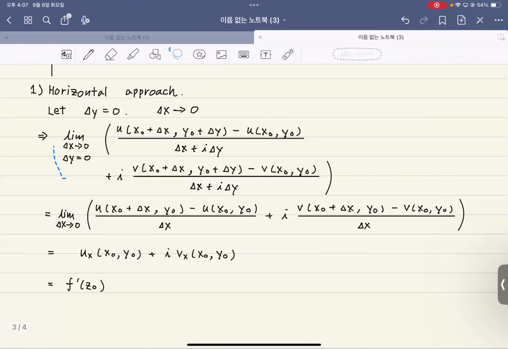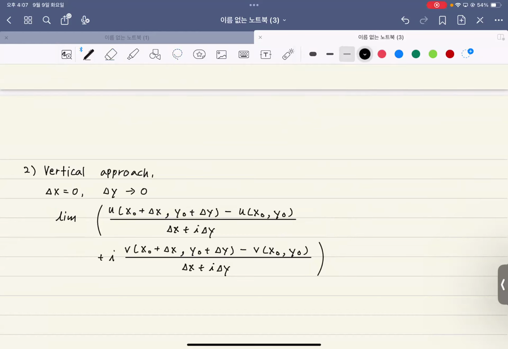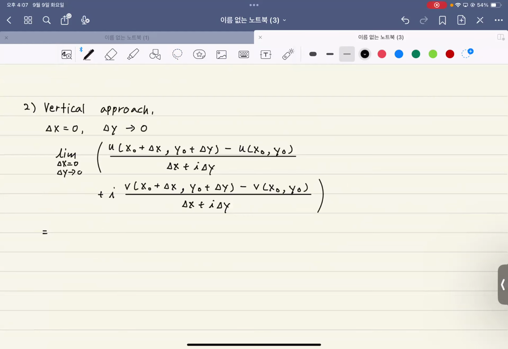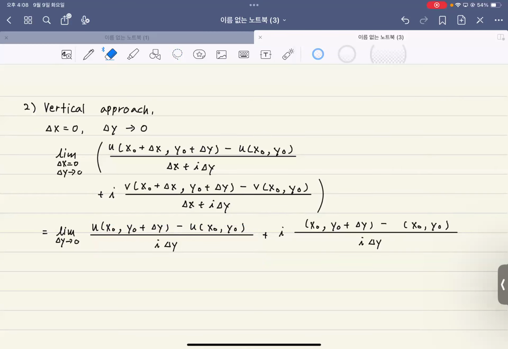So u(x0, y0 + delta y) minus u(x0, y0), and everything over i times delta y, plus i times, and for v I just replace u by v.